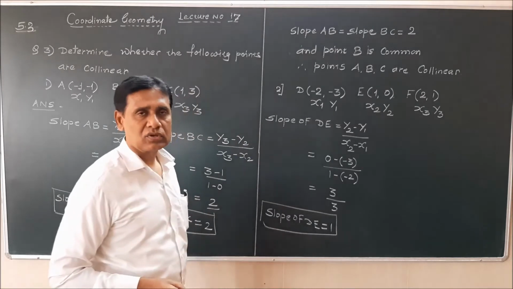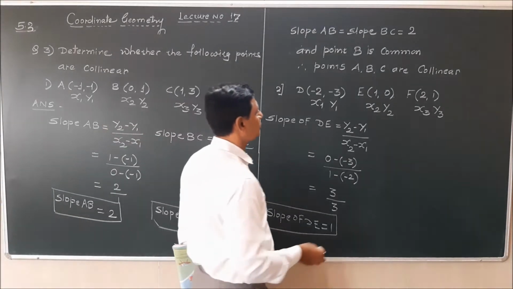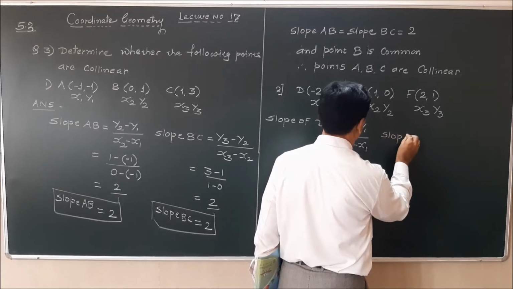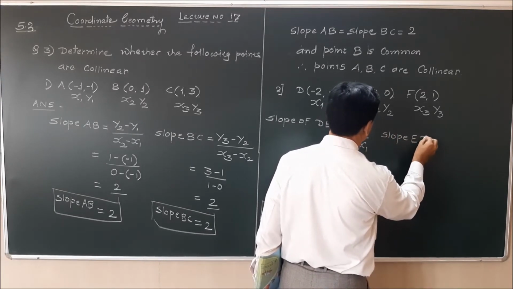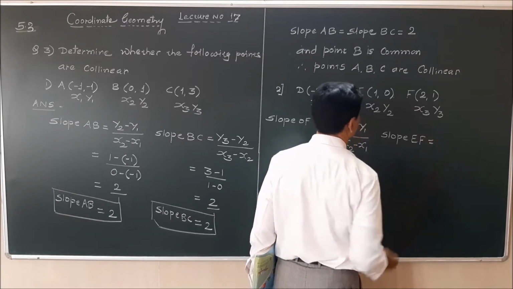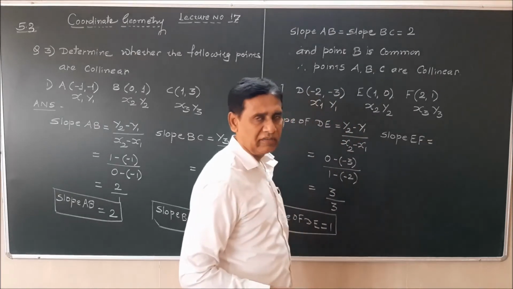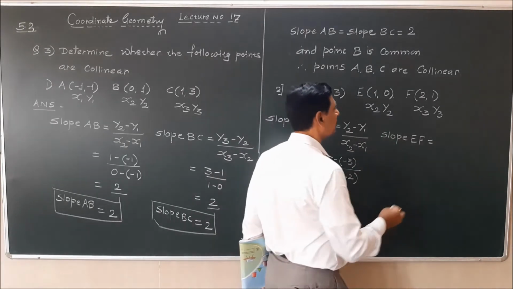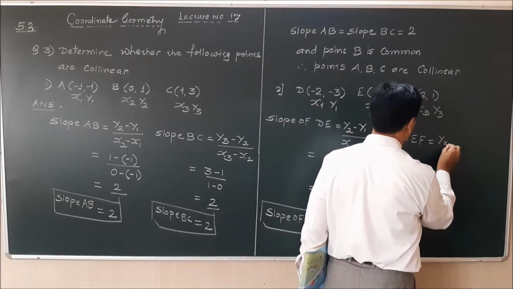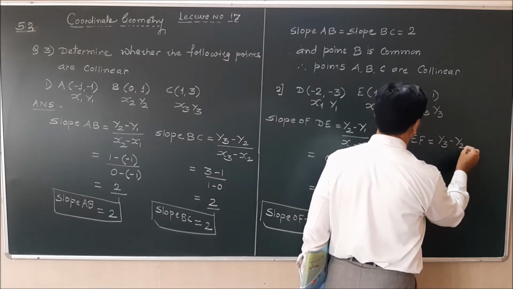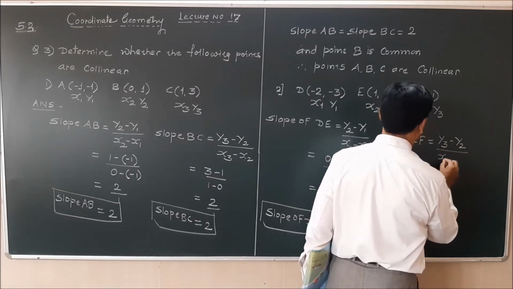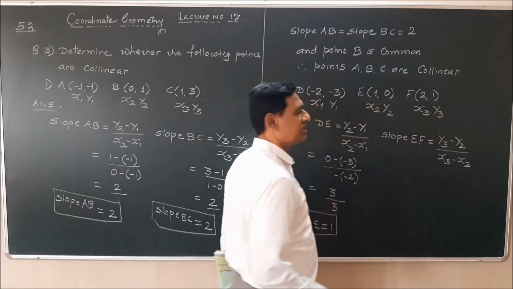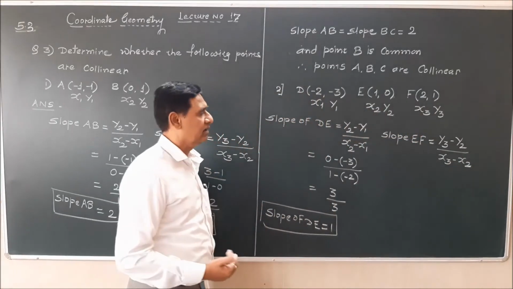Now let's find out slope of EF. Slope of EF is equal to y3 minus y2 upon x3 minus x2. Very simple, or we can say mechanical way.